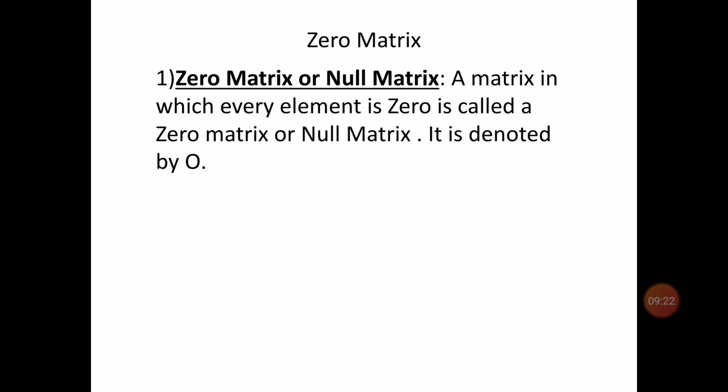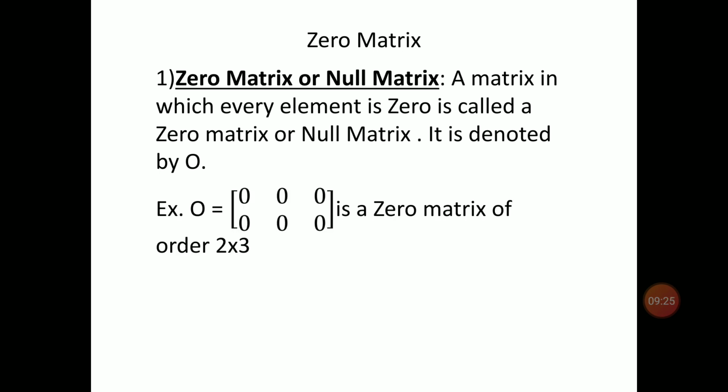That means if all the elements in the matrix are 0, then that matrix is called a zero matrix or a null matrix. Here the zero matrix is of order 2 by 3 because it contains 2 rows and 3 columns, and therefore we say it is a zero matrix of order 2 by 3. It is also called a null matrix.